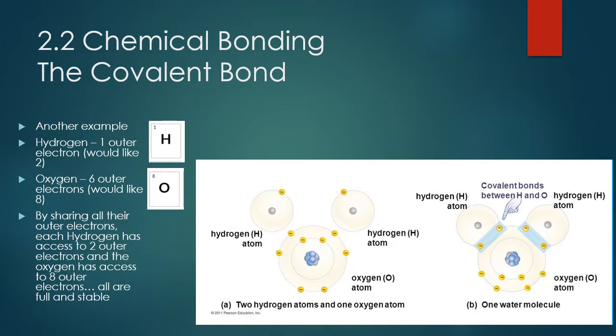And all of these atoms, both the hydrogen and the oxygen atoms, are happy, or they are full, they are stable. And so this is a very common combination you see, which is H2O. H2 stands for 2 hydrogens, and O stands for the oxygen, which you may know as water.